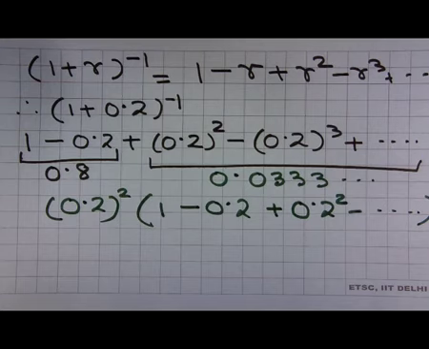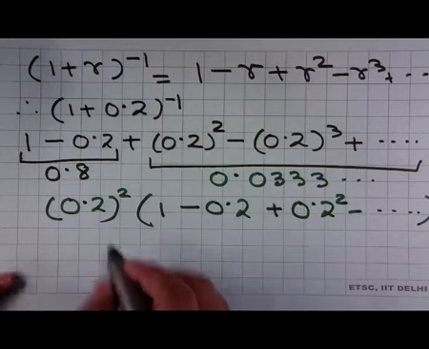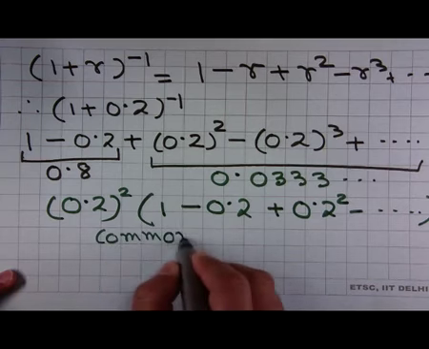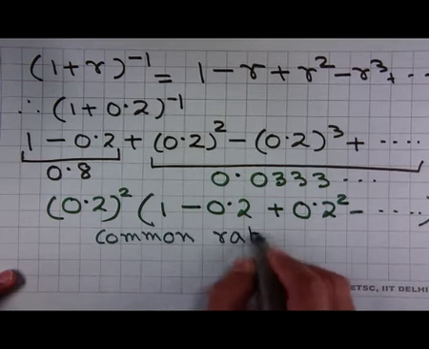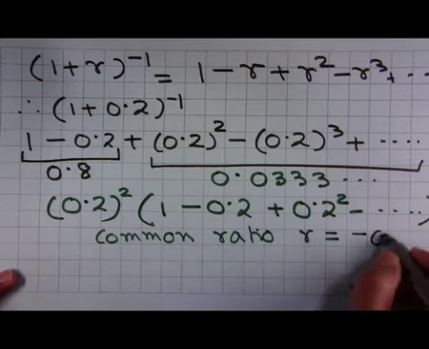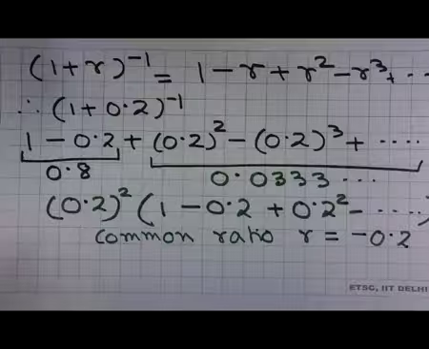So, this is the infinite series where the common ratio is minus 0.2.